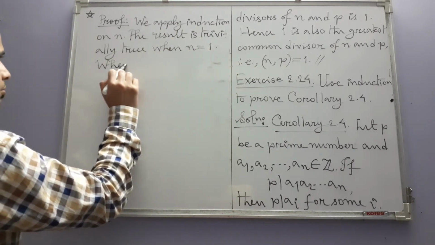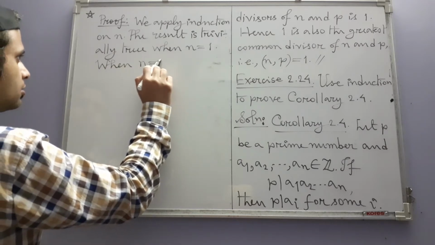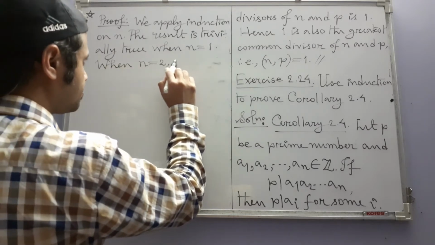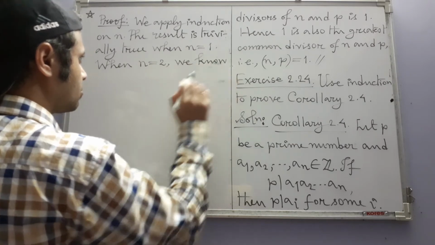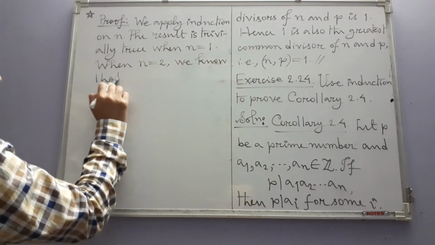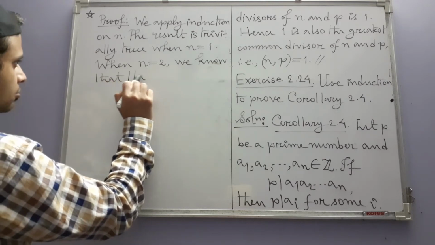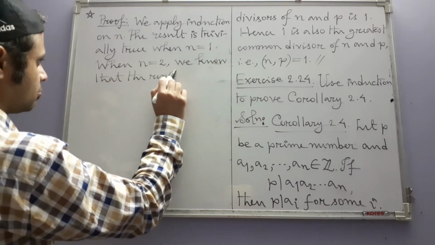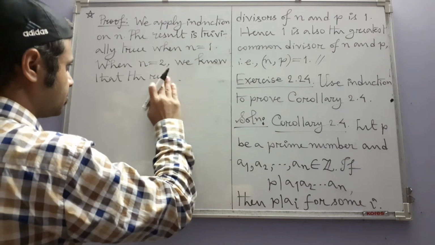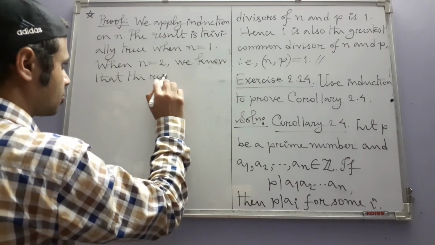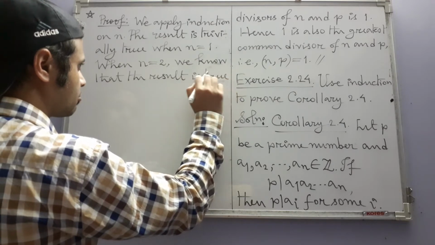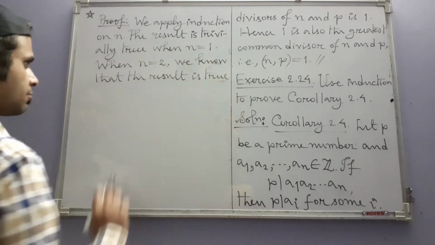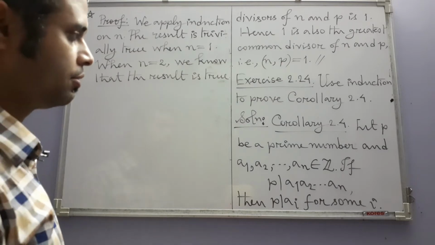When n is equal to 2, we know that the result is true. How do we know?